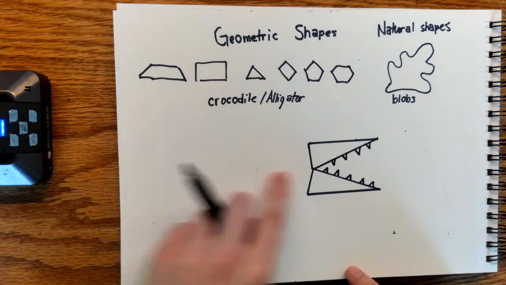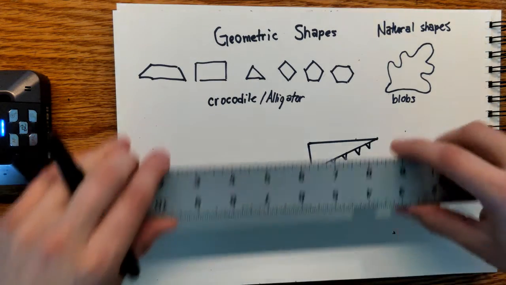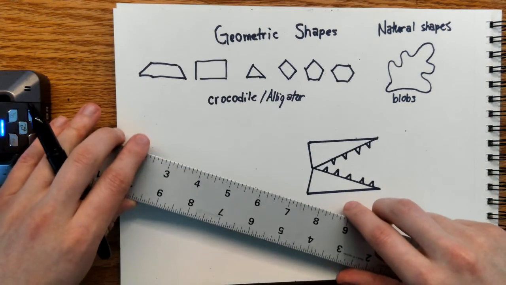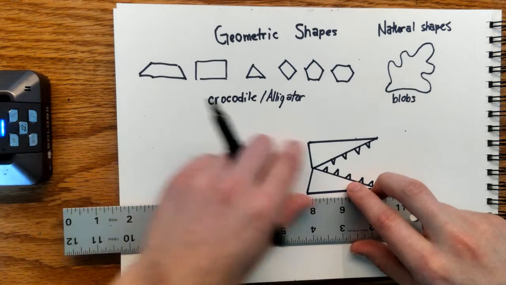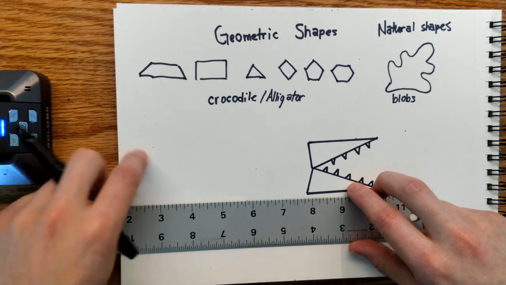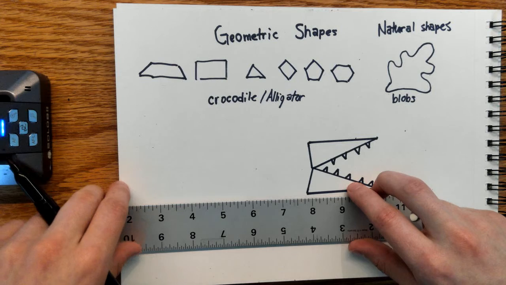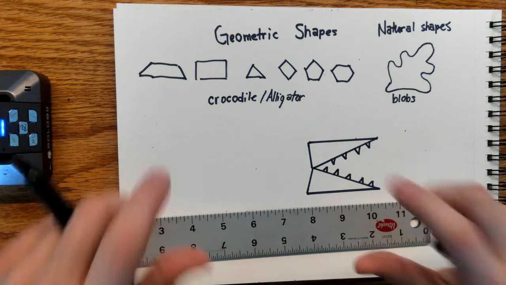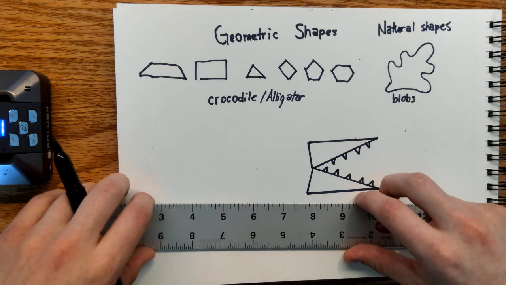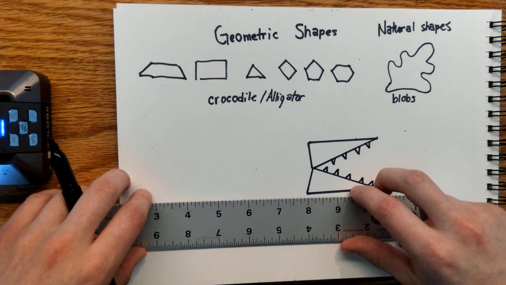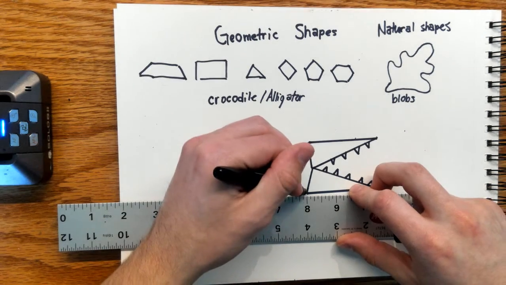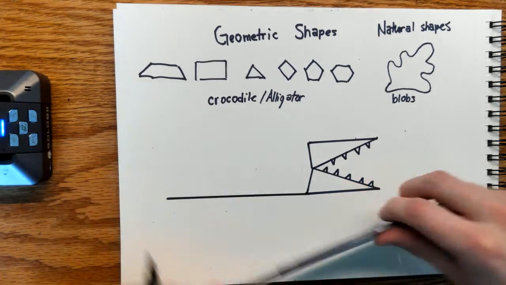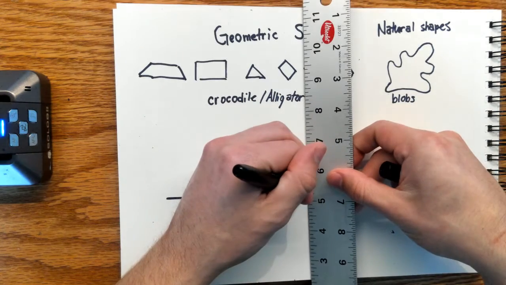So now we need to go back and we need to try and work into the rest of the alligator's body. So alligators have really long bodies, and I probably won't be able to fit it on my paper, but they also have very long tails, and then they have short, kind of like stubby little legs. So a nice long body shape that I'm going to use is going to be a rectangle.